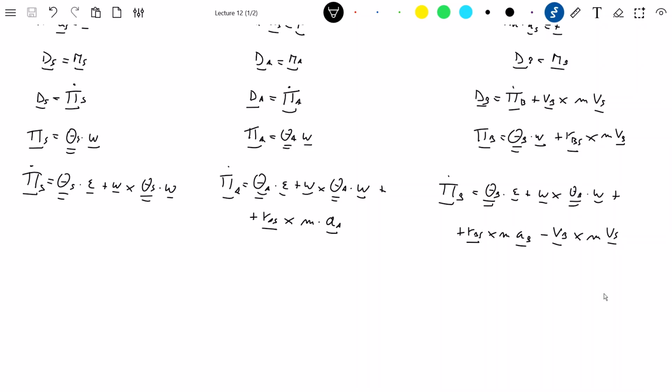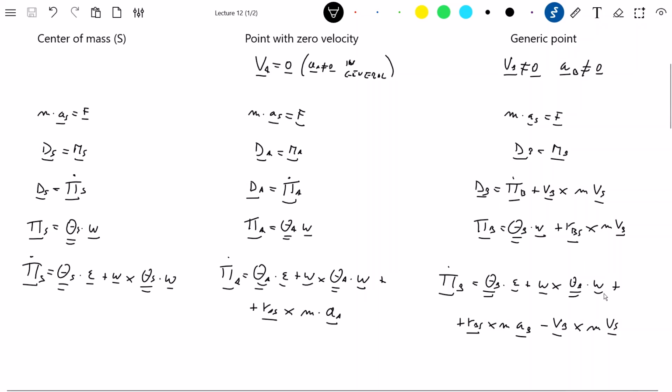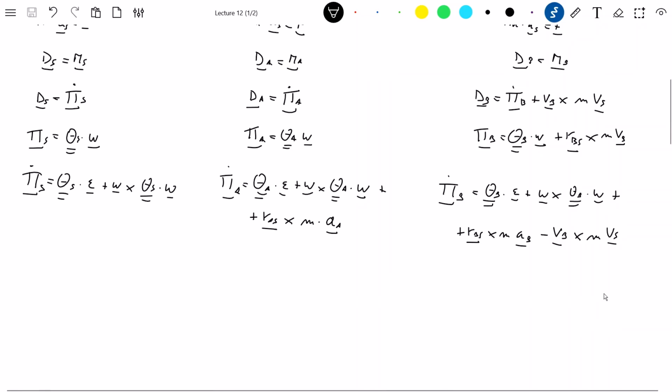Now, what we really need is the equation we use when we write the equation of motion. We apply the first law of dynamics, the main law of dynamics, however you want to call it, and this will give us theta s.